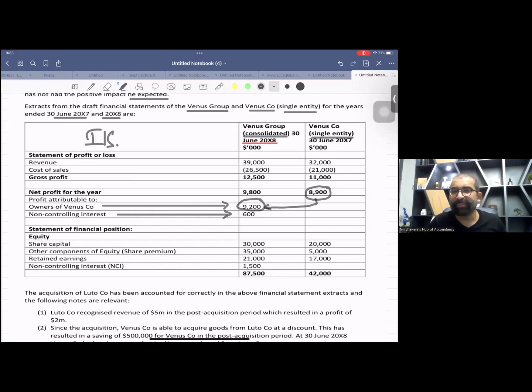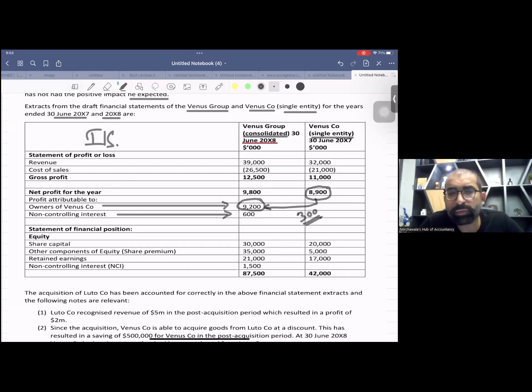Last year, when the parent company was alone, the profit was 8,900. Now it is parent plus subsidiary, but the parent's share, 100% of parent plus 70% of subsidiary, is only 9,200. So the profit increased by only 300.